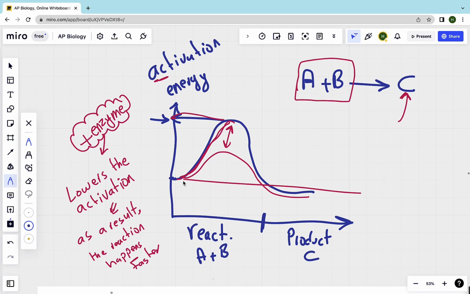This amount of energy needed will take, let's say, 10 hours, but this amount of energy can be reached in 2 hours. So when we add an enzyme, the reaction will take place in 2 hours because a small amount of energy is needed.